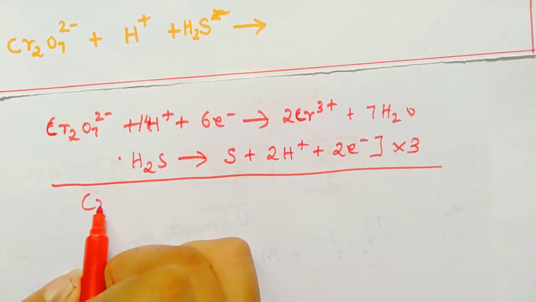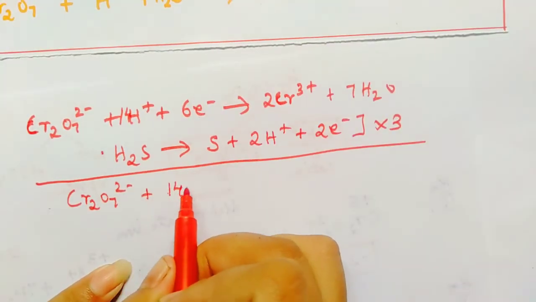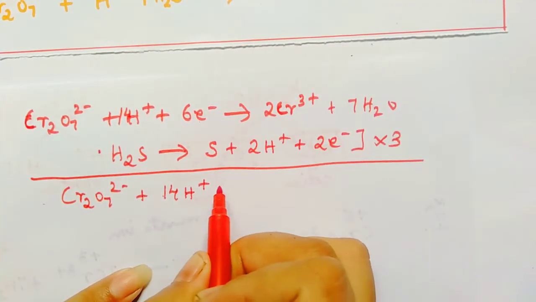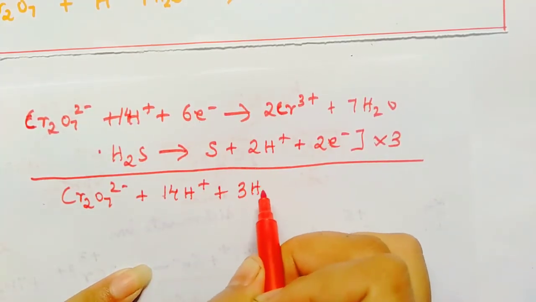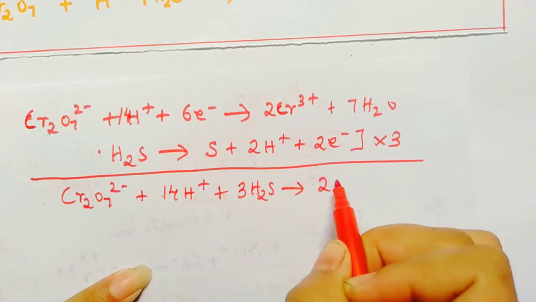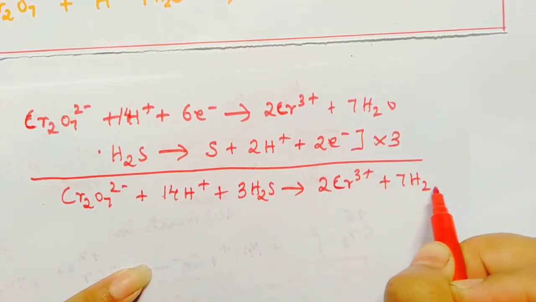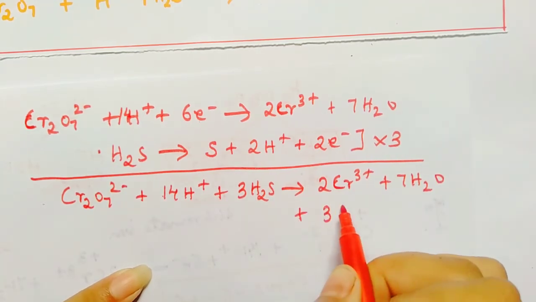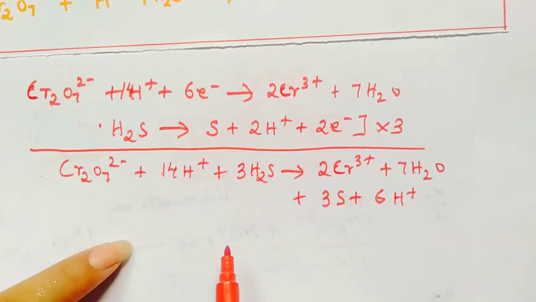We have Cr2O7 2 minus plus 14H plus, and the electrons get cancelled, and we have 3H2S, 2Cr3 plus, 7H2O, and then 3S and 6H plus.